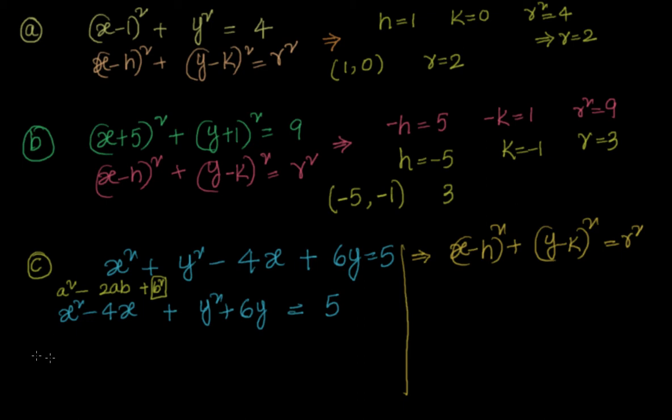In the next step we will write it as x whole square minus 2 into x into, what is left out is 2. So I have a square minus 2 into a. So my b is 2. So I should add b square, that is nothing but 2 square.